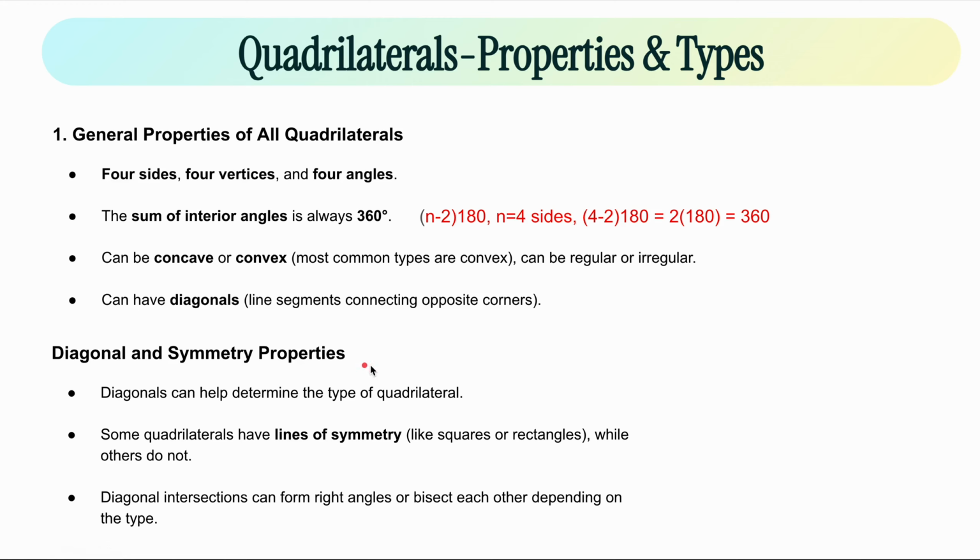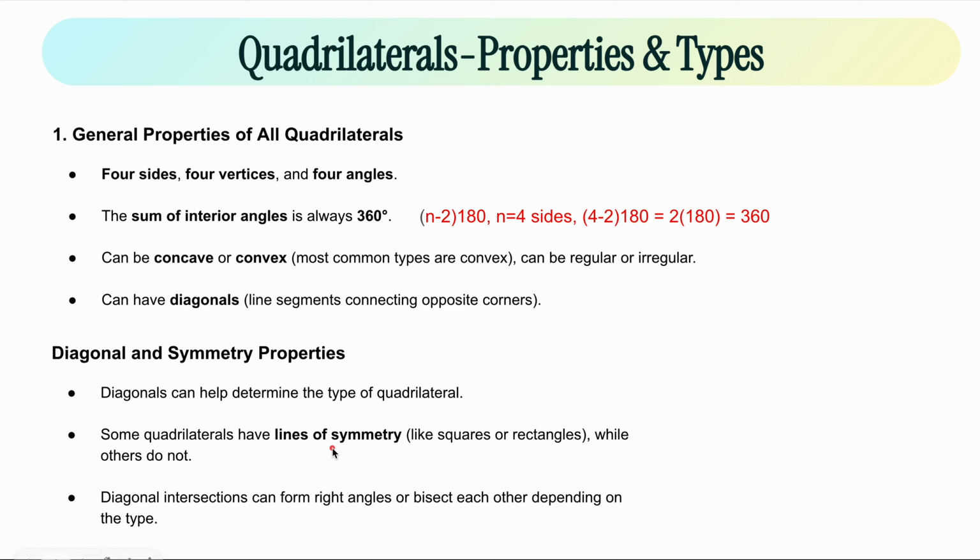Diagonal and symmetry properties. Diagonals can help determine the type of the quadrilateral. Like we said, whenever we have diagonals cutting each other in 90 degrees, which means that the diagonals are perpendicular, we know that we're dealing with a square, a rhombus, or a kite.